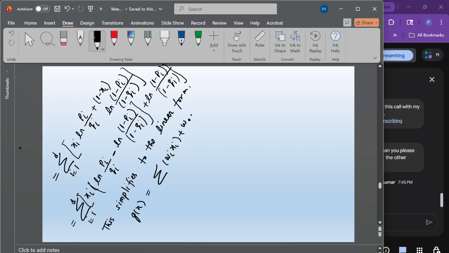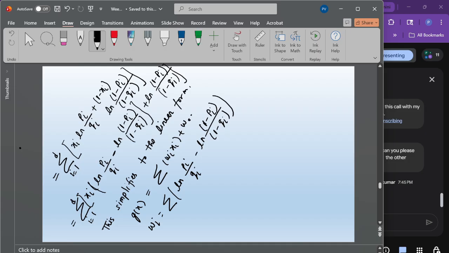In this equation, what is our wi? wi is this part: ln pi by qi minus ln of 1 minus pi by 1 minus qi.